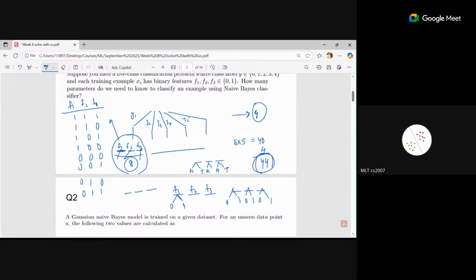No. I mean, if you're saying that if F1 is 1, then F2 cannot be 1, is that what you're saying? No, I'm not saying that. Then what are you saying? Feature one is independent of feature two and feature three. Correct. So we don't need to consider the combination, right? Why not?